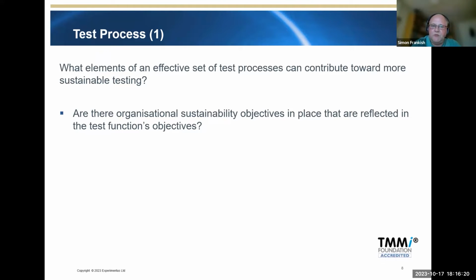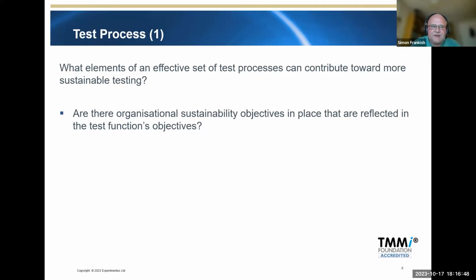And if so, as a test function or maybe as an IT function, how are those objectives being devolved down into the way you work and what you do and what you look at in order to make that happen? If there's nothing in place at an organizational level, perhaps it's more difficult for the testing team on their own or the IT team on their own to look at that themselves.